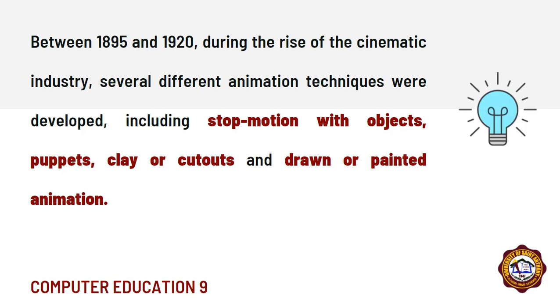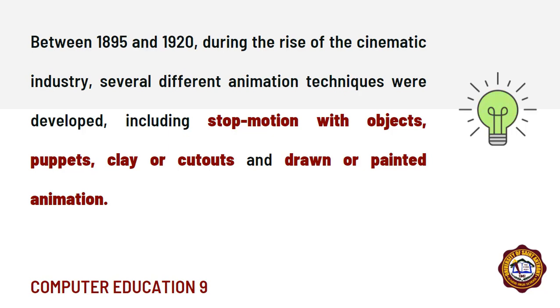So kasama na dyan yung stop motion with objects, puppets, clay, or cutouts, and drawn or painted animation. So tama nga naman because puppets, di ba sabi ko, shadow play. Shadow play were developed or are being practiced even bago pa nauso yung mga palabas.